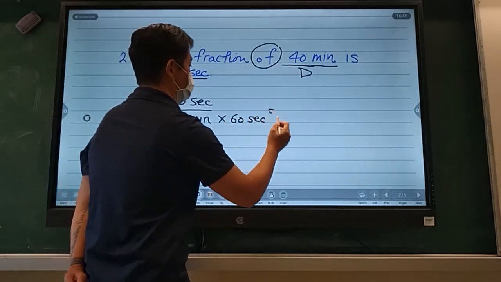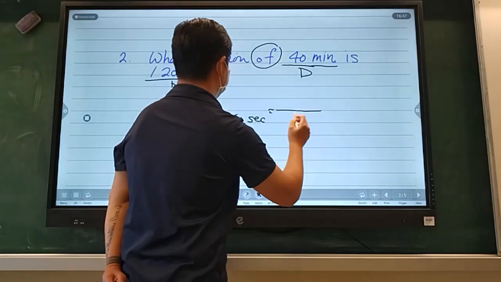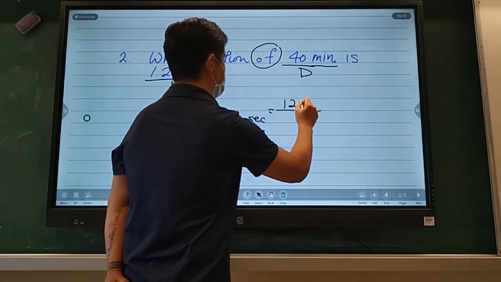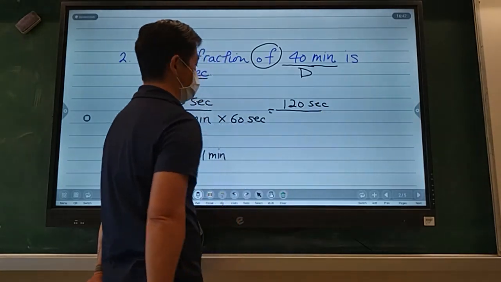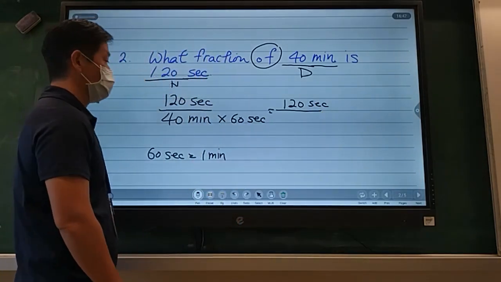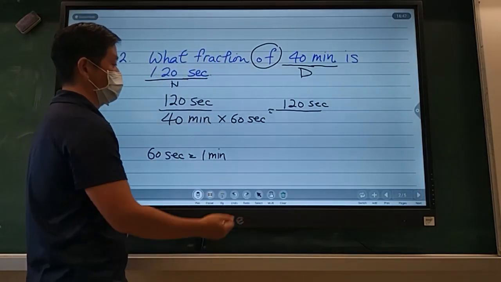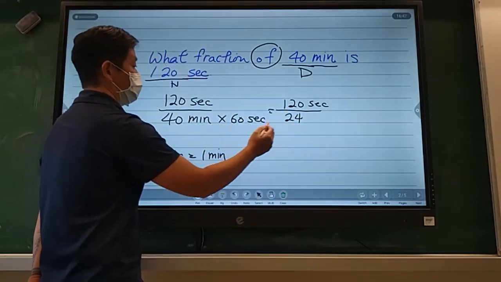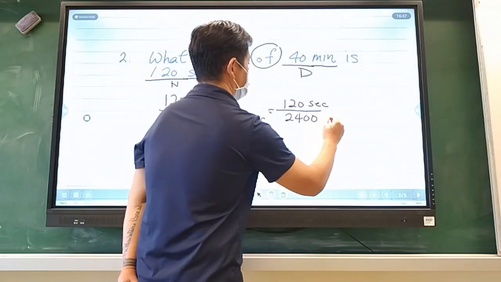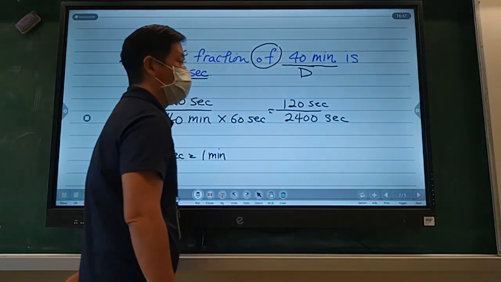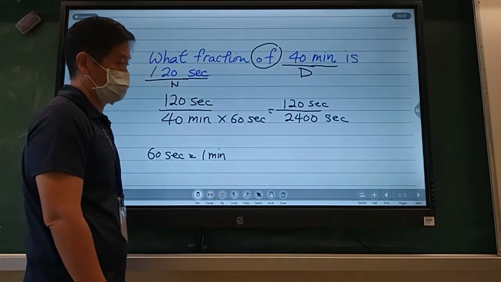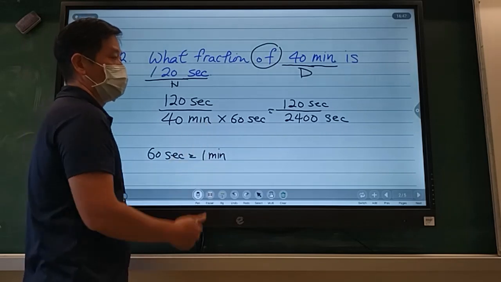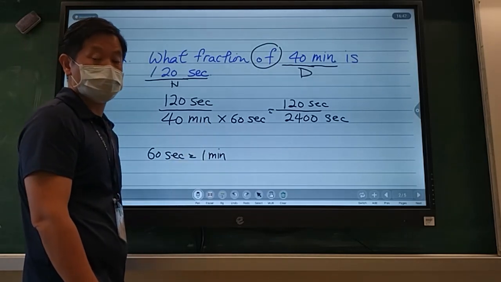Now when you multiply by 60 seconds, this is what we'll get. 120 seconds doesn't change because we didn't multiply anything. So let's see, 4 times 6 would be 24. I have 2 zeros. That would be 2,400 seconds.